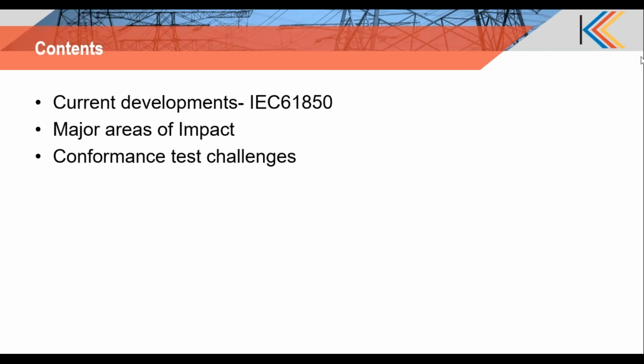So we'll go through the 61850 current developments, including the Edition 2 updates that are being released. And we can go through a comparison or selection of the major areas that got impacted because of this new edition being released. So that will be primarily from an implementation perspective. We'll analyze the impact. And as you know, a conformance test is another area which requires key focus in your migration process.